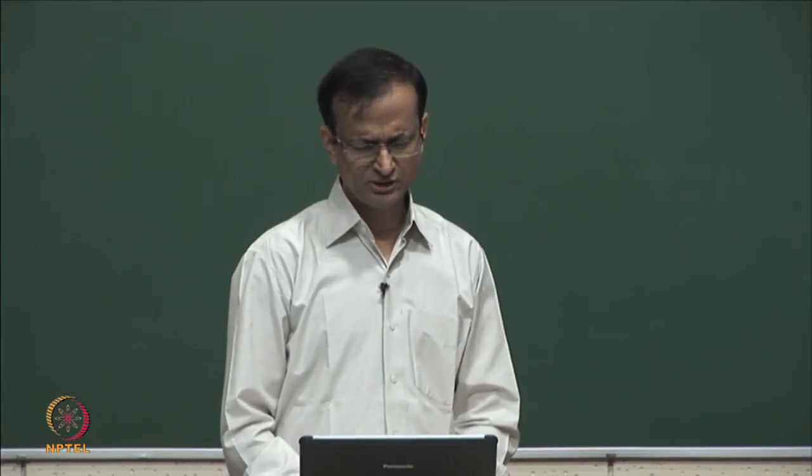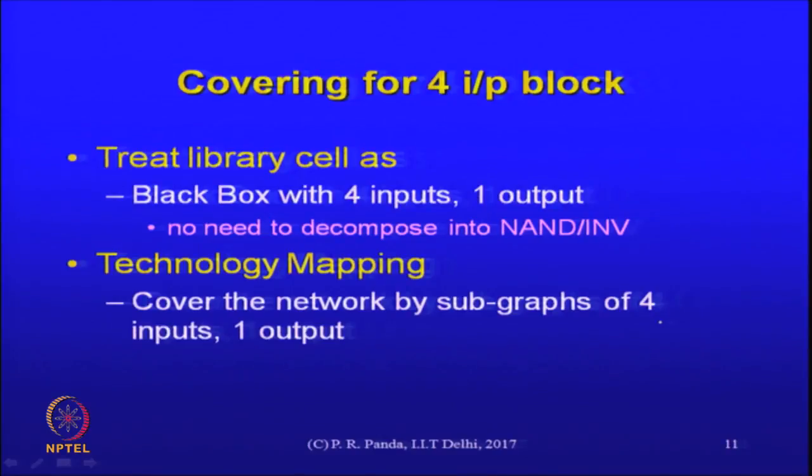And there is no need for us to decompose into NAND, inverter and so on, because I know that any function of 5 inputs or 4 inputs can be realized.